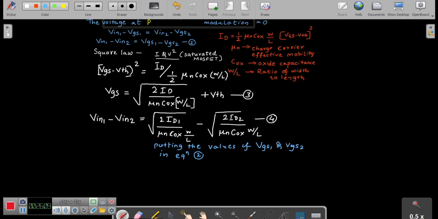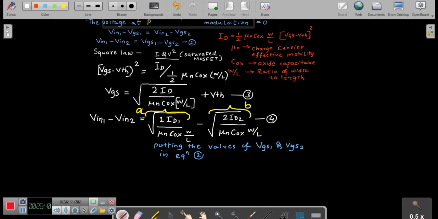So now in this case, this portion I will call A, only for the purpose of simplification, and this portion I will call B, and further I will proceed because our objective here is to get the difference between ID1 and ID2, that is the differential current.